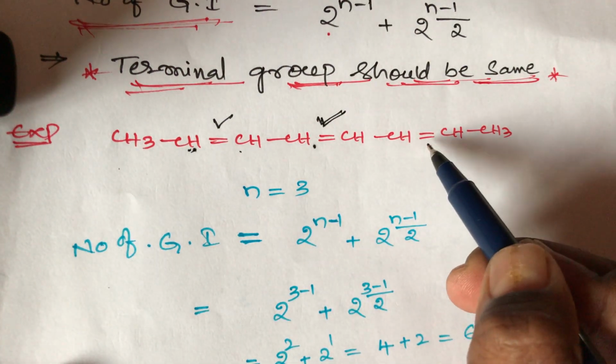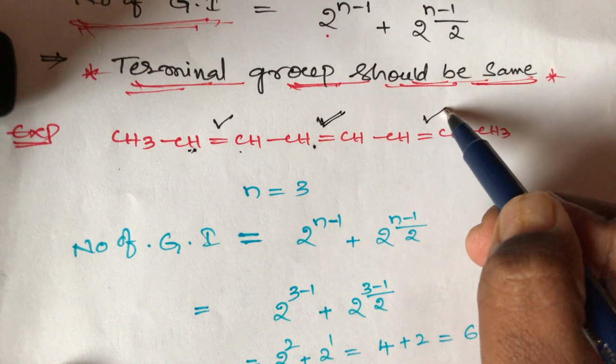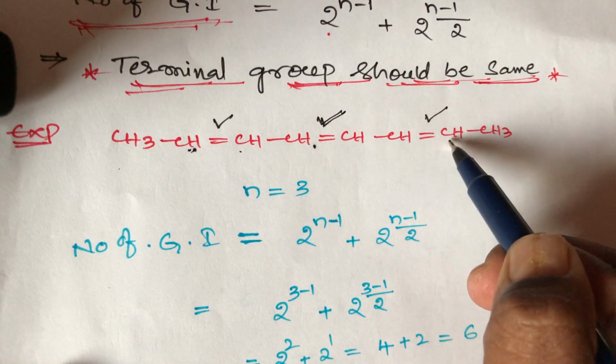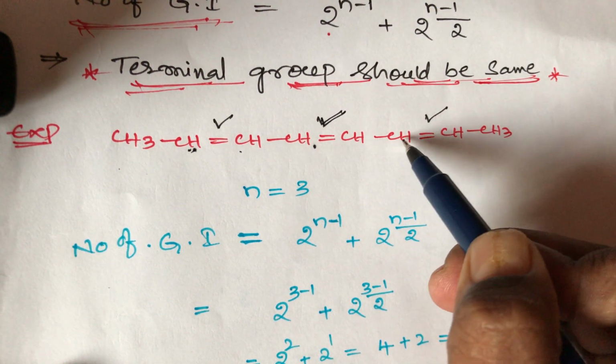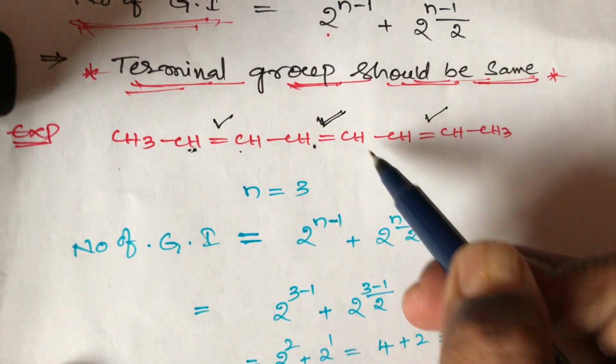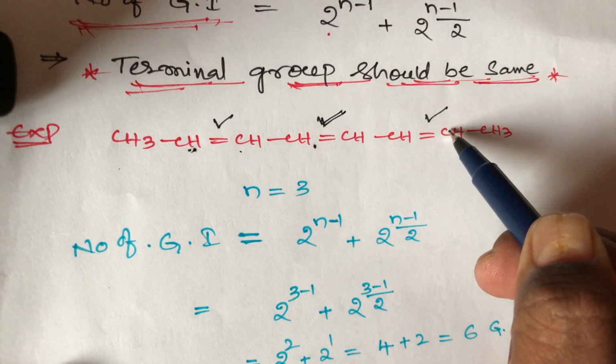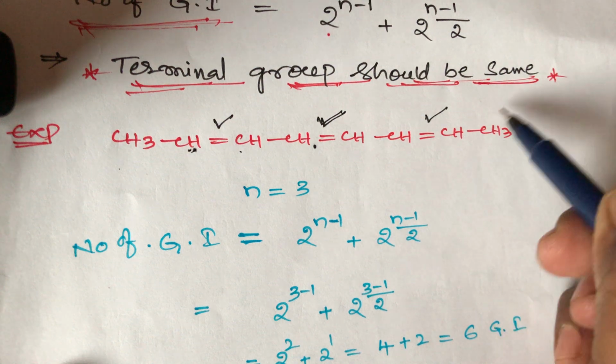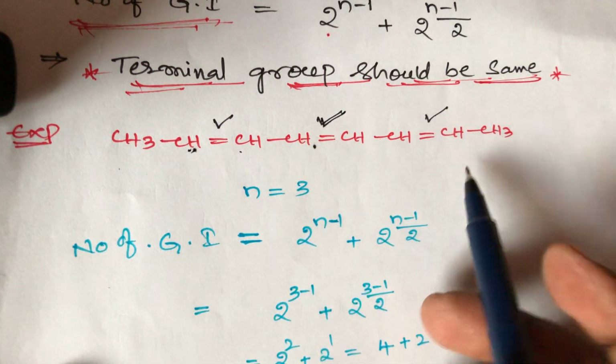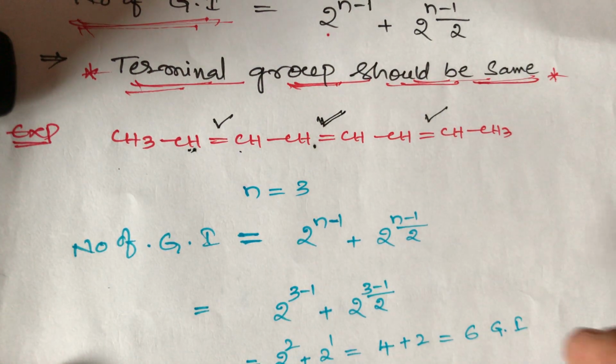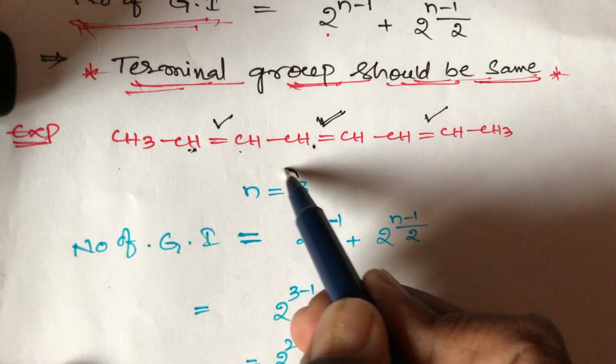And this compound will also show geometrical isomerism. Why? Because this double bonded carbon is connected with one hydrogen and one carbon chain, and on the right side the double bonded carbon is connected with one hydrogen and one methyl group. So these three double bonds will show geometrical isomerism. That's why the n value is 3.